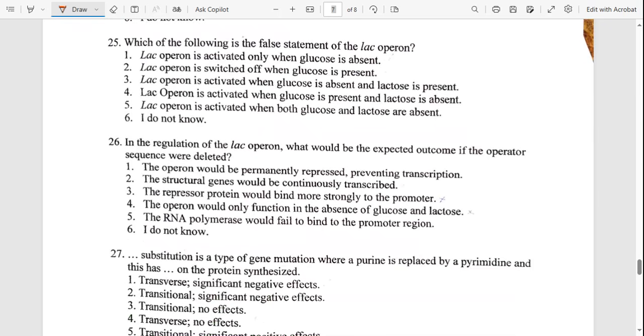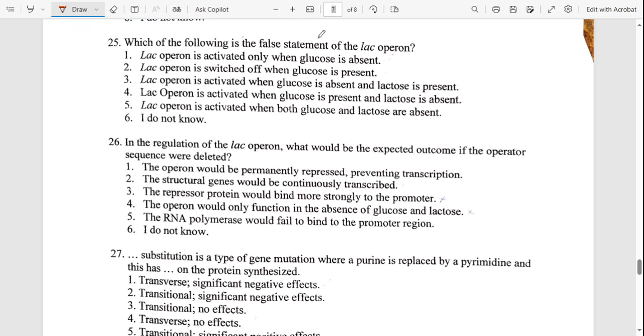25 is saying which of the following is false statement of the lac operon? Lac operon is activated only when glucose is absent. That is false. It's not only. It's when glucose is absent and then lactose is present. That's when it gets activated. Okay.